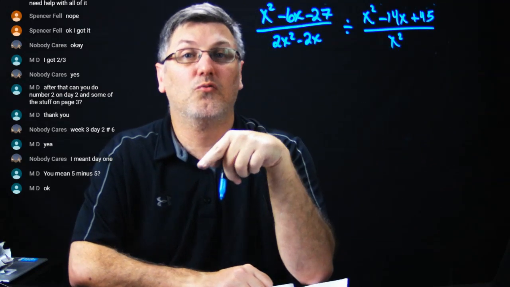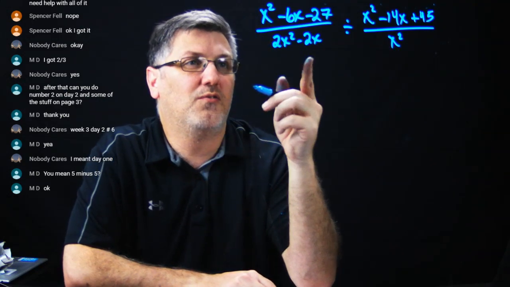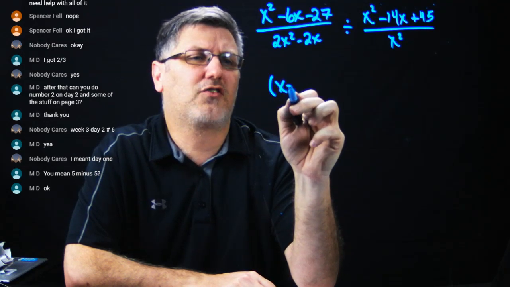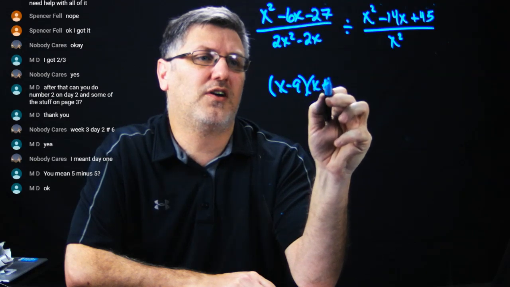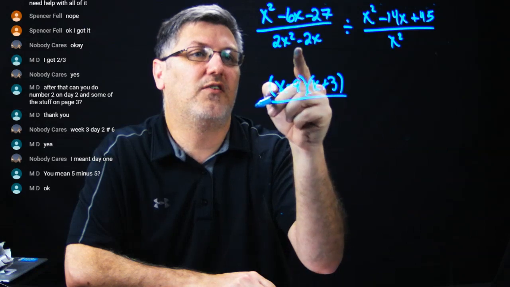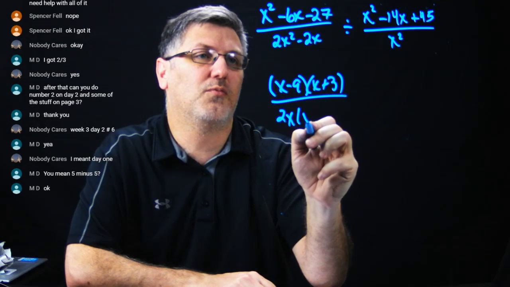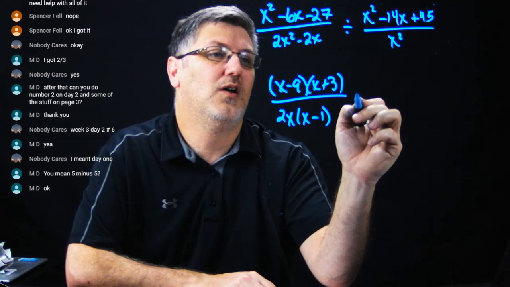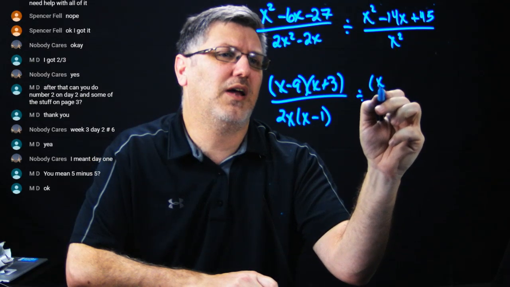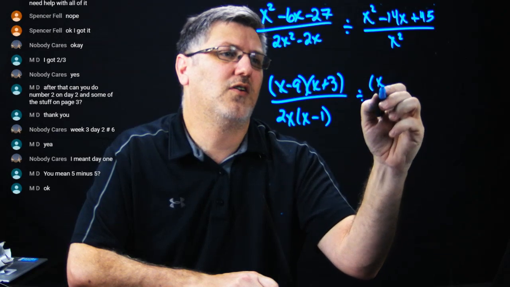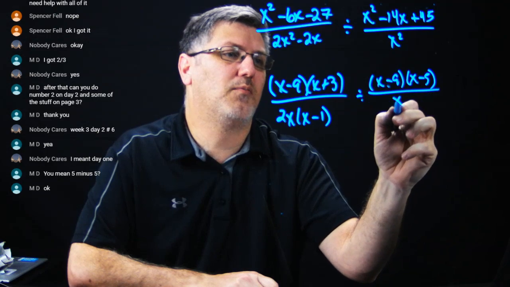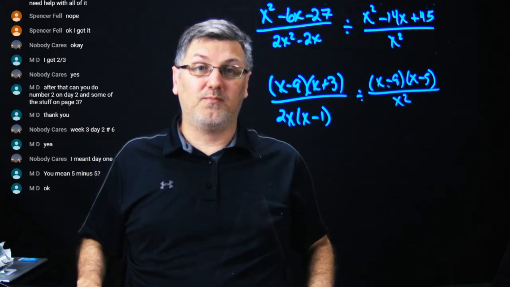Rule: the very first thing you do with any rational function is factor. My top factors to (x minus 9)(x plus 3), which gives me my -27 and my -6. I have a GCF here of 2x, which gives me x minus 1. Dividing by my top here, that's 9 and 5, so that's going to be (x minus 9)(x minus 5). And then the bottom is already factored. Now we're fully factored.